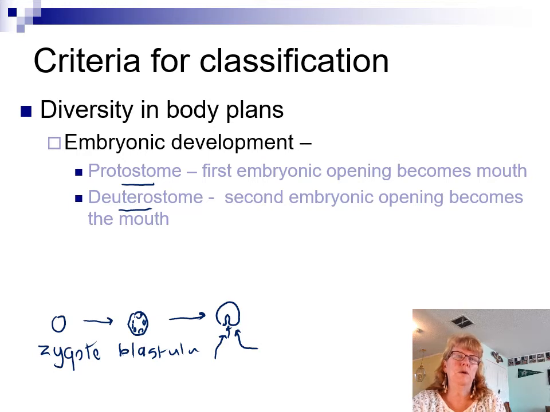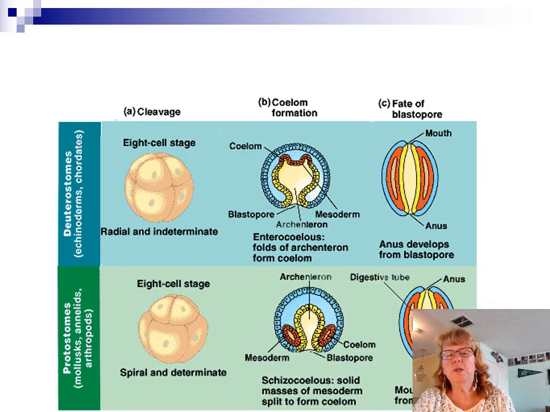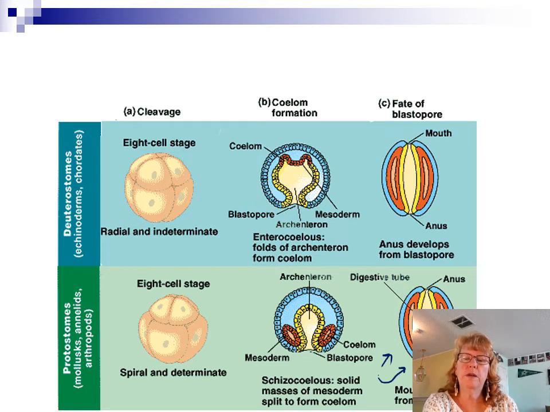Okay, so again, you don't have to know a whole lot about this right now, but understand that development is going to help determine what kind of organism we have, and they don't all develop exactly in the same way. Okay, so I drew a little picture, but here you can see, and again, I don't know how to move my picture over, but if this bottom picture is the protostome, the first opening down here became the mouth, and in the deuterostome, the first opening became the anus, and the second opening became the mouth.